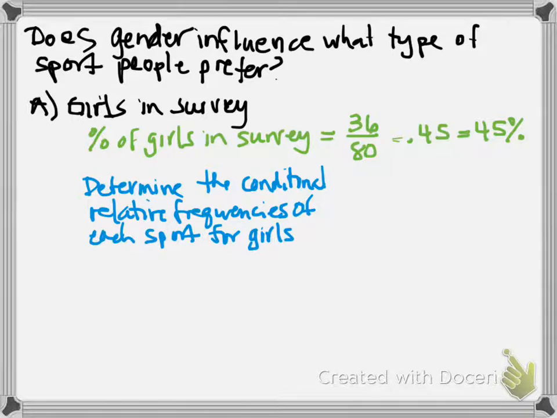Let's start with basketball. On this one, we're only going to look at how many girls chose basketball out of how many people preferred basketball. So we're going to compare girls to total basketball people: the number of girls in basketball to the total for basketball.